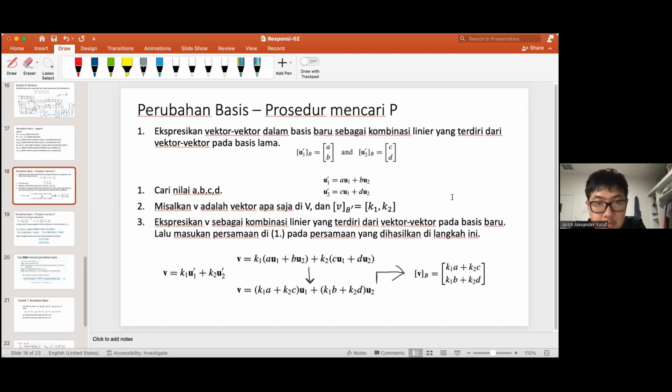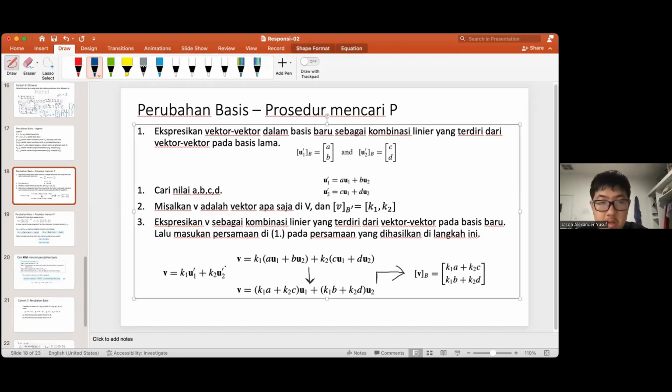Okay, so next, step 3, we express V as a linear combination of the vectors that are in the new basis, like this. And then we just input the equation of U1 and U2 into the vectors, and then into this equation.